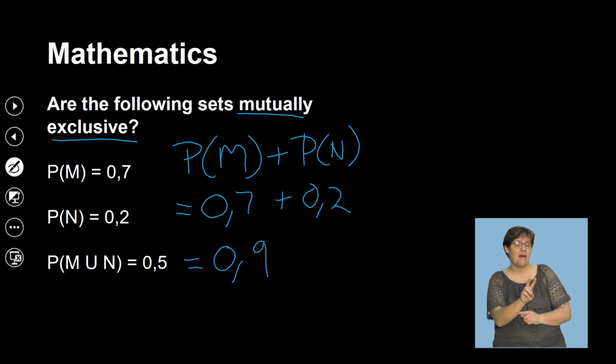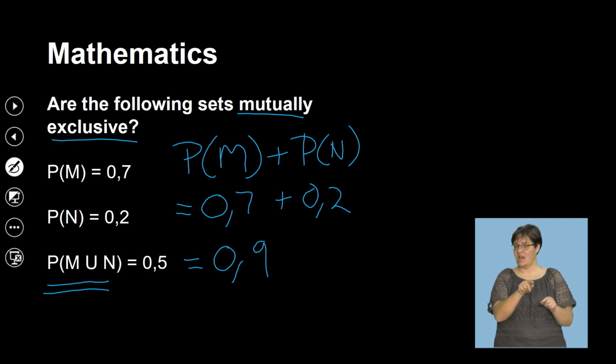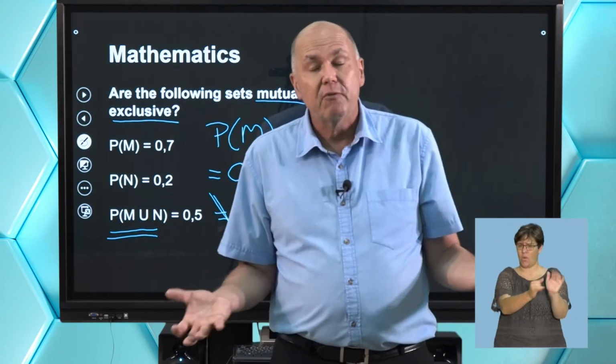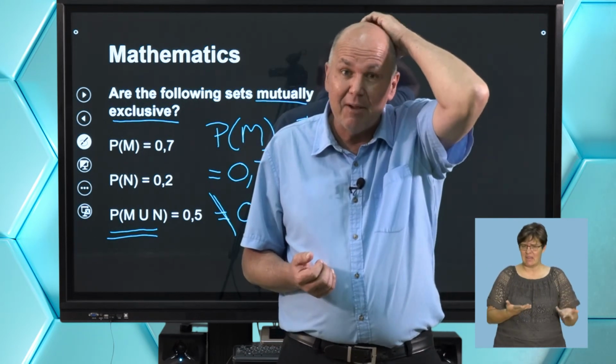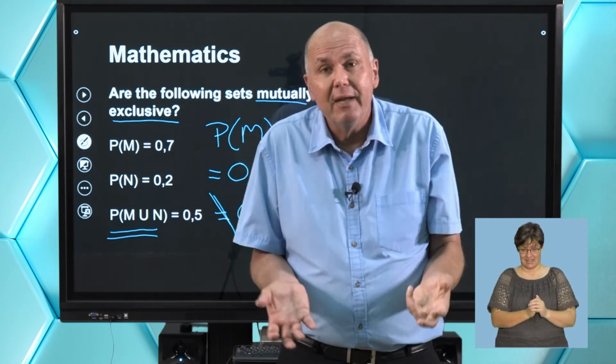And can you see that this is not equal to the probability of M or N? So it breaks apart. It doesn't look like it's following the identity. Well, you might scratch your head and say, have I made a mistake? No, you haven't made a mistake.